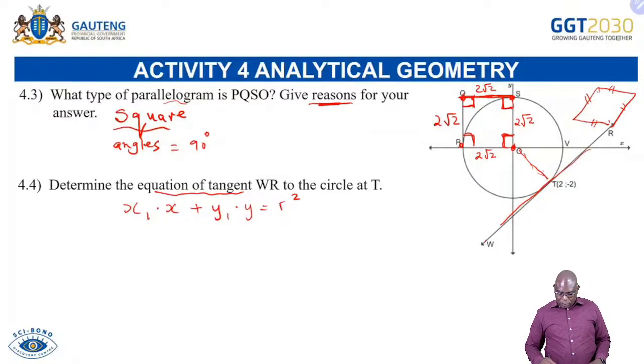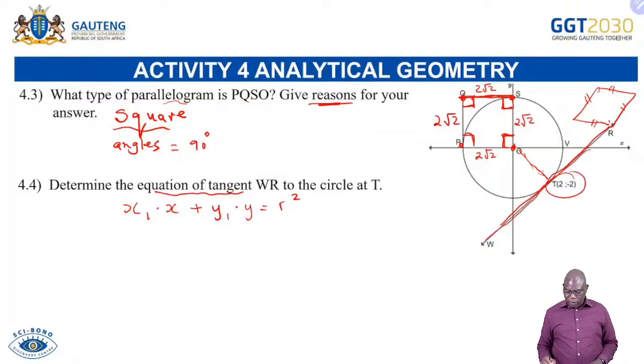You must first check which tangent they're asking. They might have asked this one. Then I'm going to substitute with a point, the easy point, this point here. The x value is 2 times x. The y value is negative 2 times y. The r squared is 8.